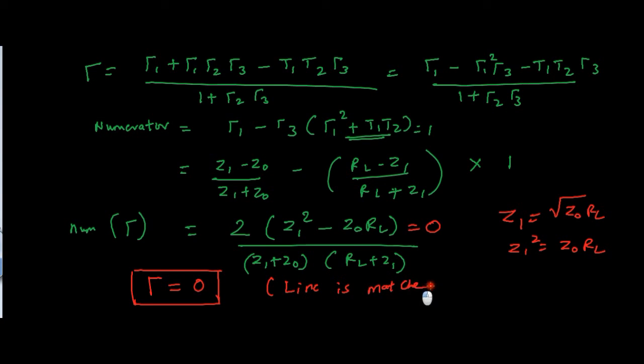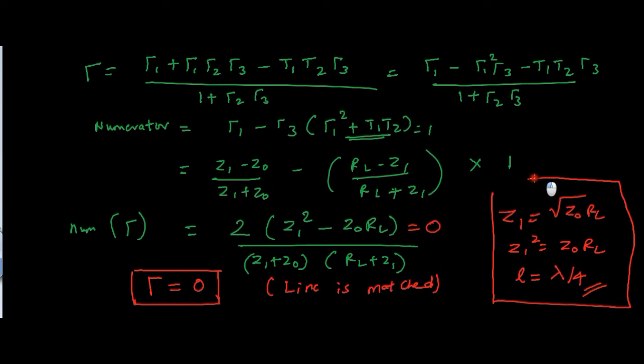So as you can see, this is possible only if we choose the characteristic impedance of quarter wave transformer to be equal to root of Z0 into RL, and also the length of quarter wave transformer should be equal to lambda by 4. So by making sure that these values are satisfied, we'll end up with total reflection coefficient equal to 0 in quarter wave transformer.